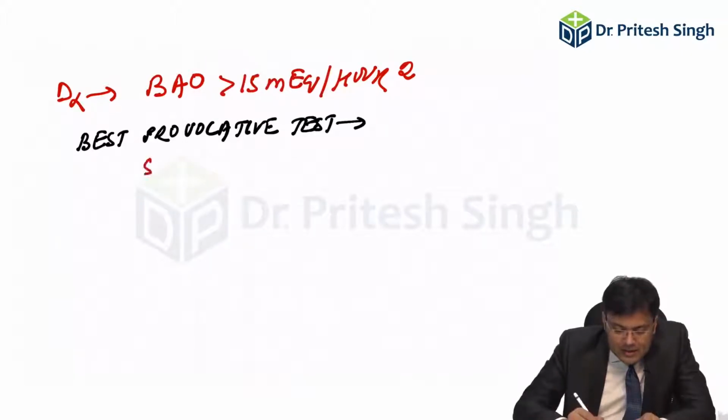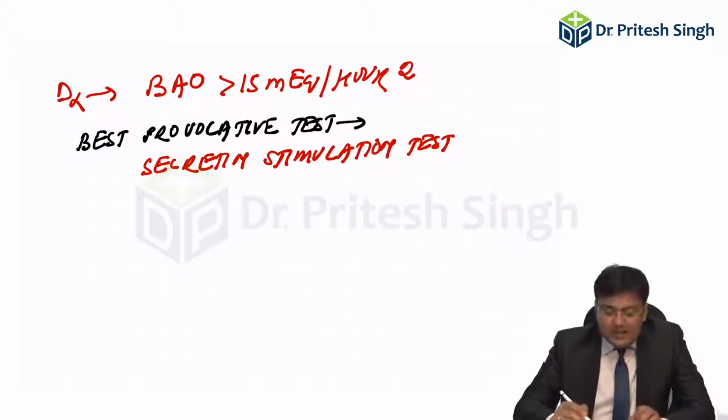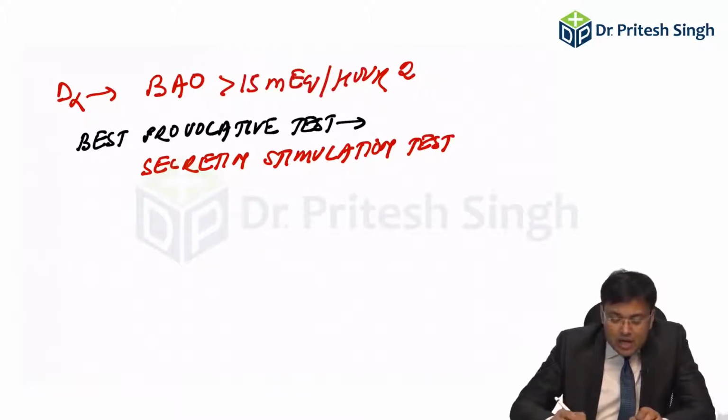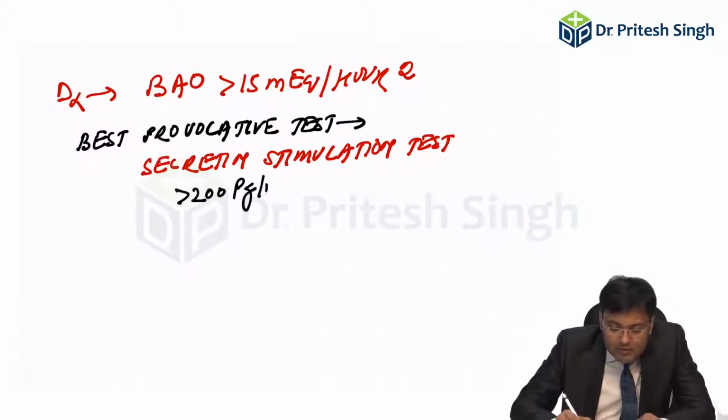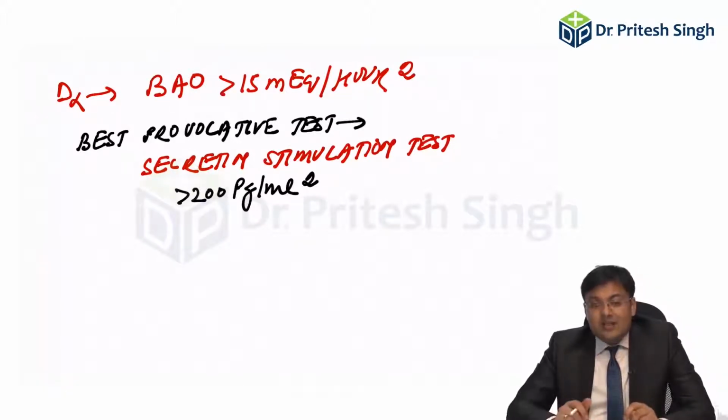It is the secretin stimulation test. On secretin stimulation, release of gastrin more than 200 picogram per ml is diagnostic.